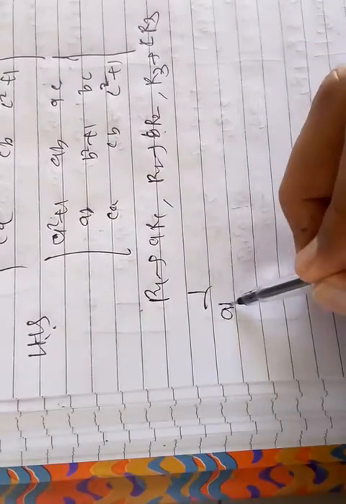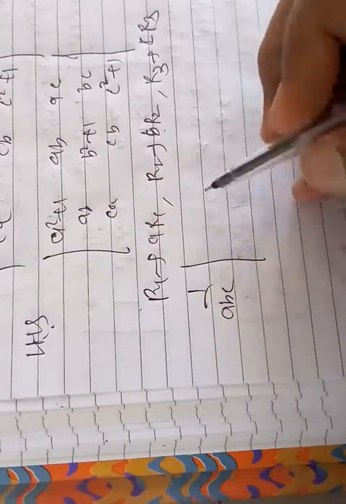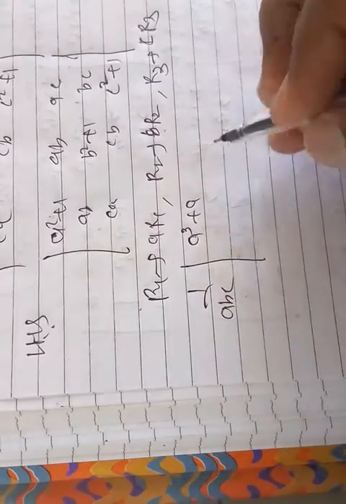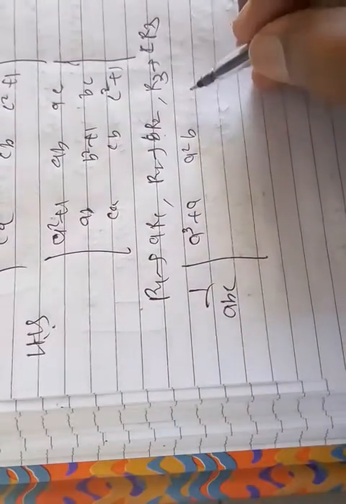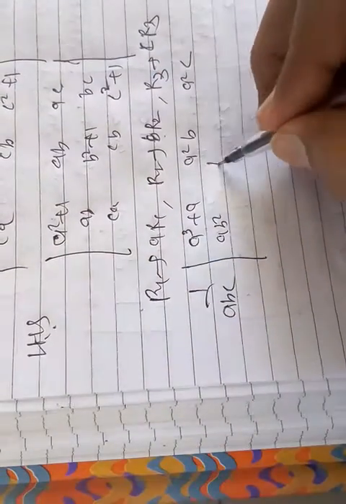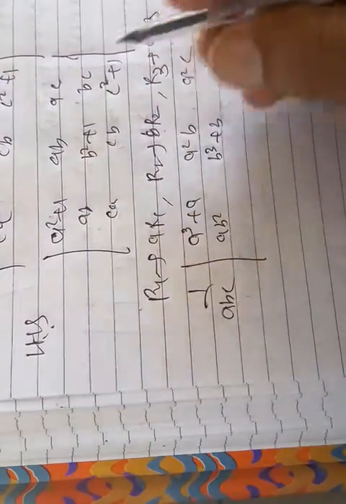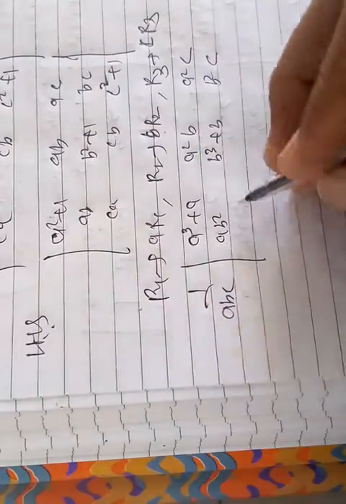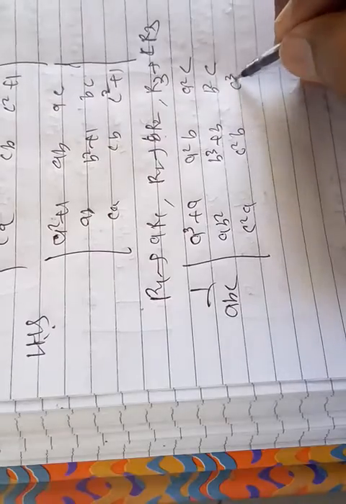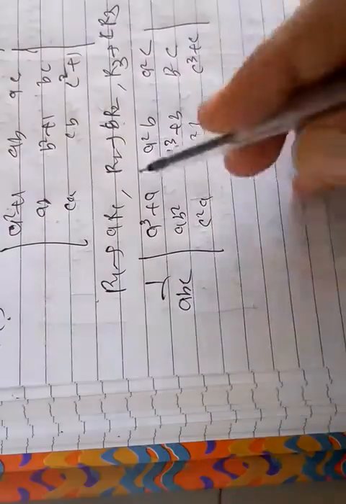So 1 upon abc, 1 upon abc, and then multiply by a cube plus a square b, a square c; this ab square, and this multiply b cube plus b, b square c; and this c square a, c square b and c cube plus c, okay, taking common.